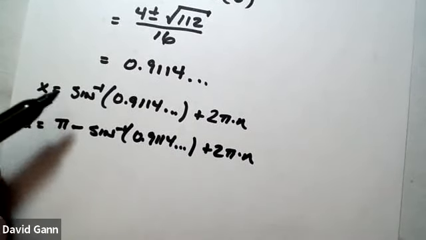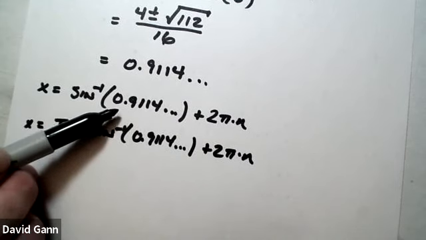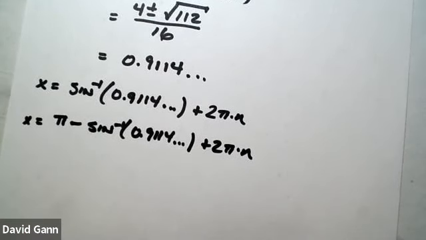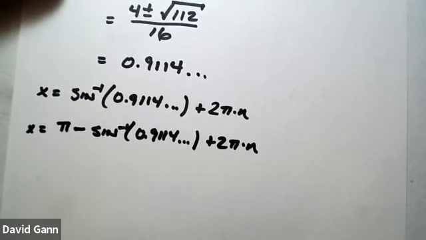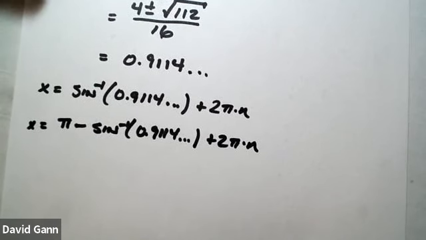So let's calculate what this inverse sine value is. I want it in radians, so I've got to make sure I'm in radians so everything lines up. The inverse sine of that number is about 1.146 something.